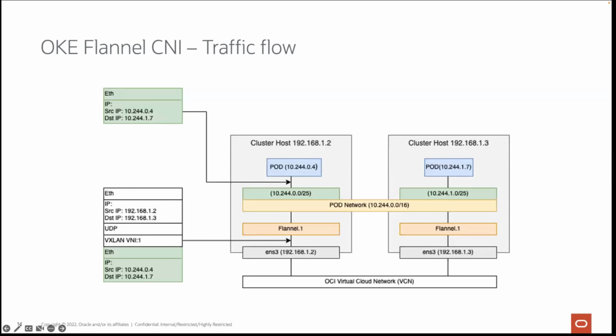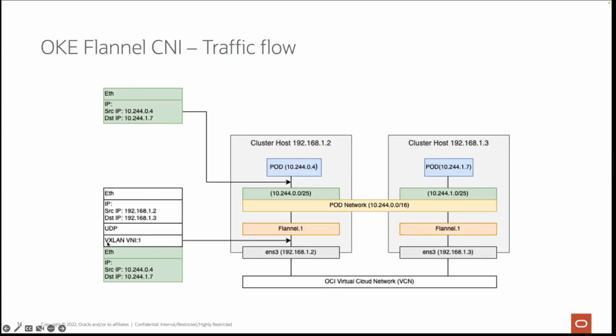That Flannel daemon is responsible for allocating a subnet lease to each worker node out of a larger pre-configured address space. This diagram clearly shows how the packet flows between the pods in two different hosts compared to what we saw in the last slide.